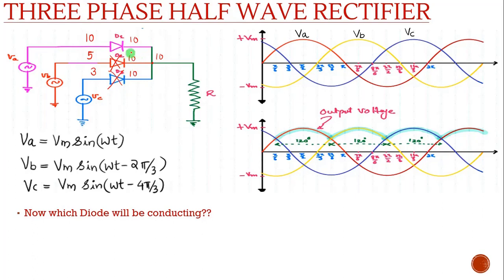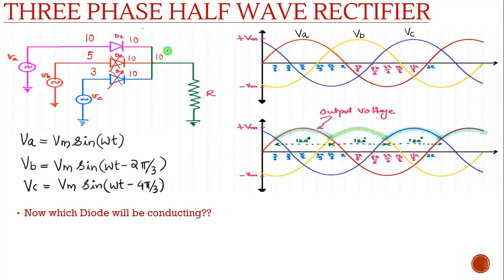Three diodes are here, only one will be conducting at a particular time, and that is the diode whose phase voltage is maximum. If phase A is having maximum voltage, then diode D1 will be conducting. If phase B is having maximum voltage, then diode D2 will be conducting, and if phase C is having maximum voltage, that diode will be conducting.